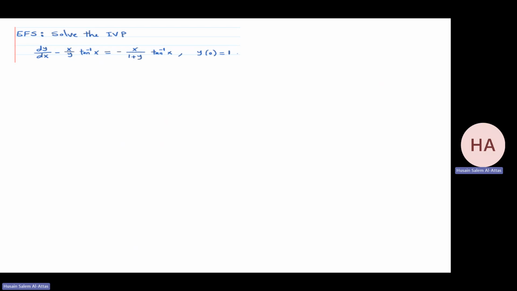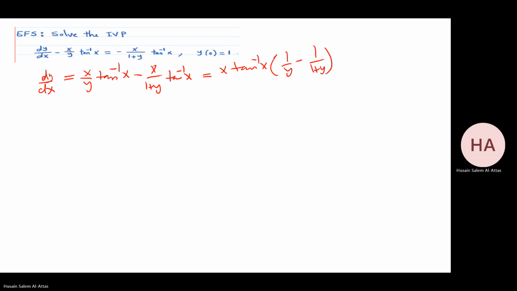Okay, this one, if we look at it, this is dy over dx equals x over y tan inverse x minus x over 1 plus y tan inverse x. In other words, if I take x tan inverse x as a common factor, I'm getting 1 over y minus 1 over 1 plus y.